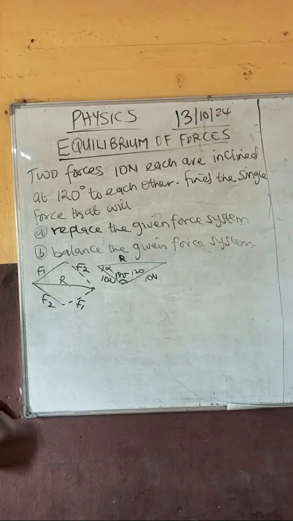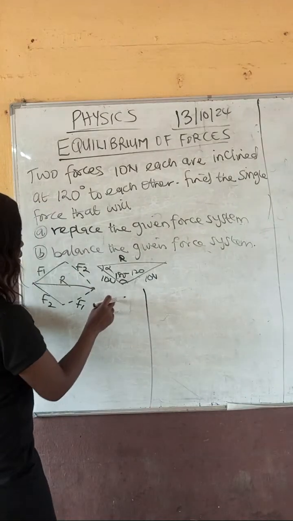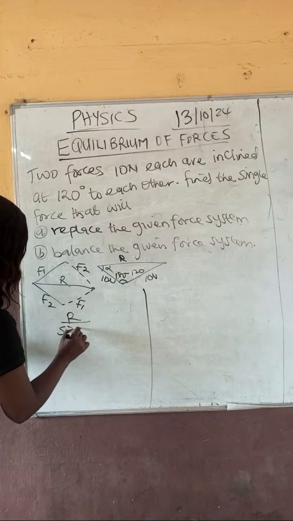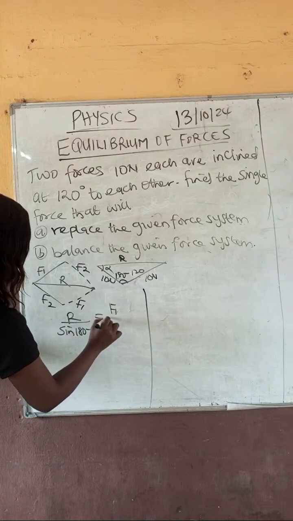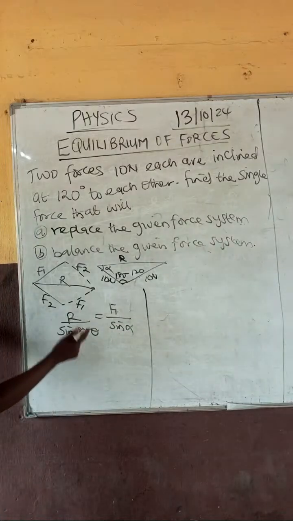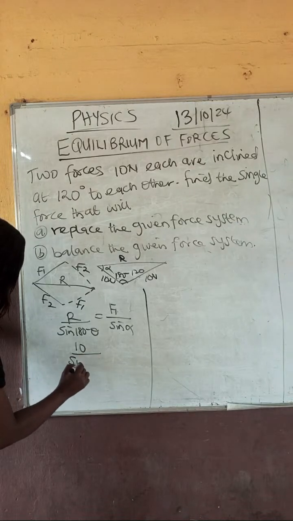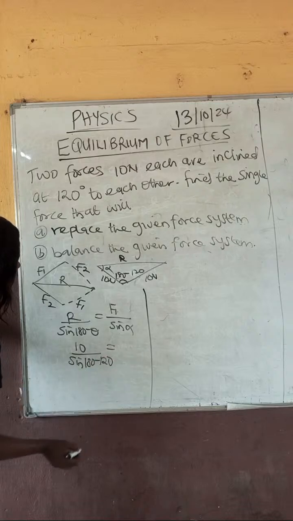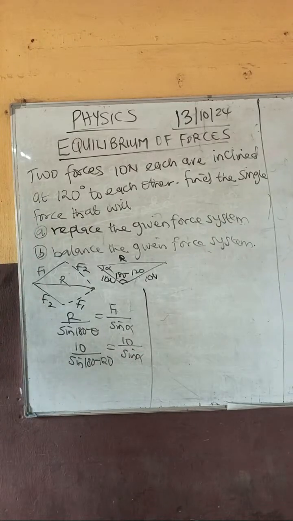The next one is to use the sine rule, and the sine rule says that R over sine(180 minus theta) is equal to F1 over sine alpha. So I've gotten my R to be 10. 10 over sine 180 minus my angle, 120, is equal to 10 over sine alpha.